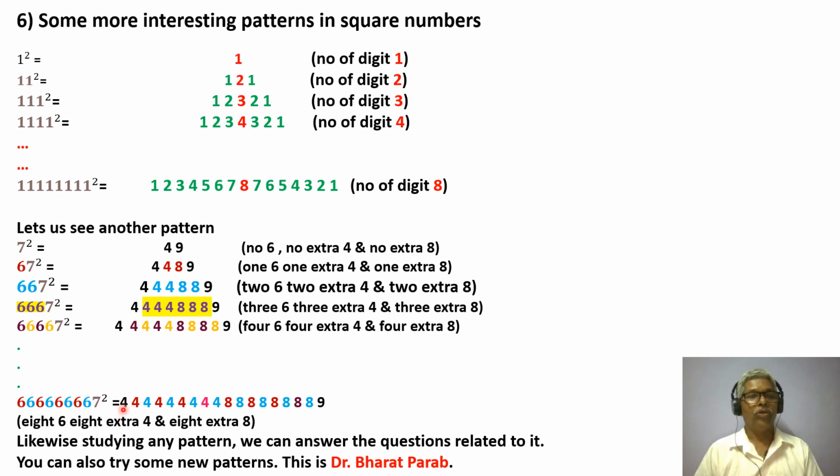So 4 and 9 will remain as they are at this end and that end, and as there are 8 sixes, 8 fours will be added, 1 2 3 4 5 6 7 8, and 8 eights will be added, 1 2 3 4 5 6 7 8.